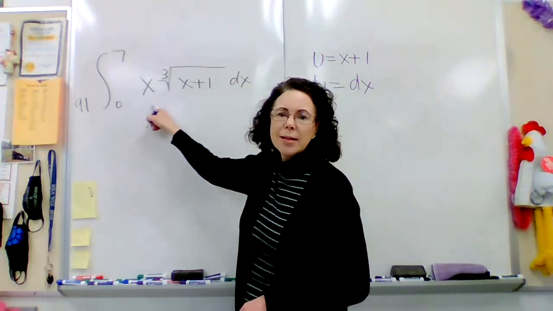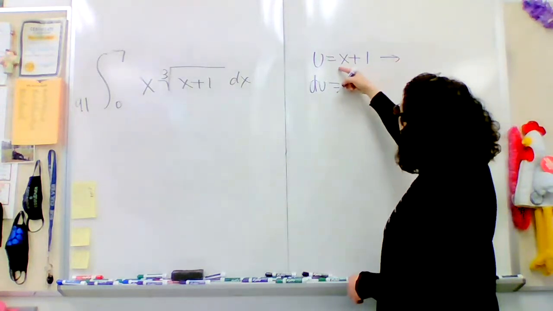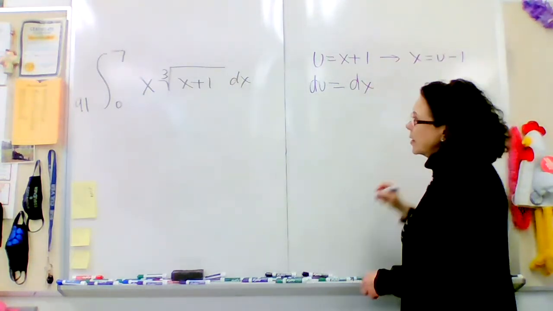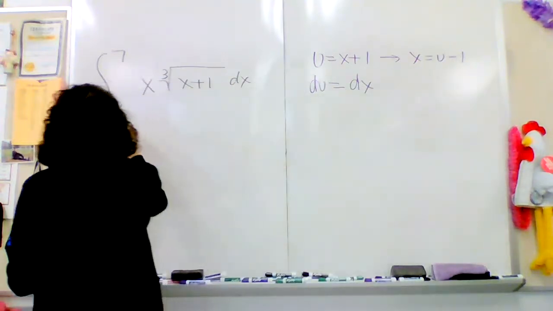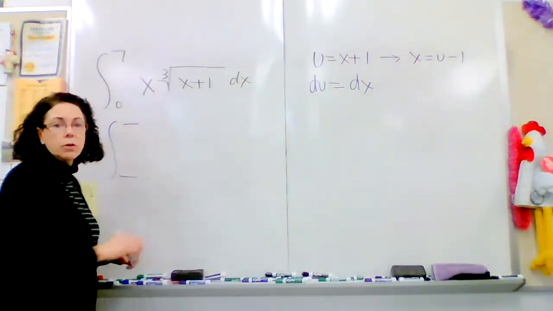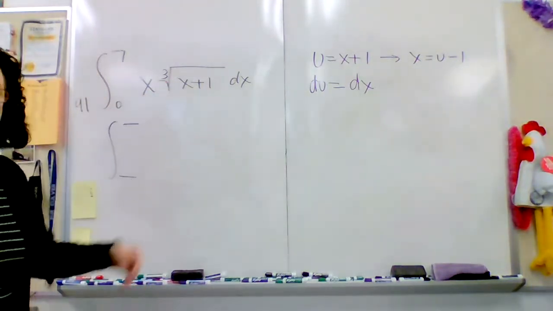What am I going to do with this x? Right here, let's rewrite this. x would be, I'll subtract a 1 from both sides. Now, this is a lower x and an upper x. Please don't write those, we're going to stick with our u's. Look at how much simpler this is going to be.